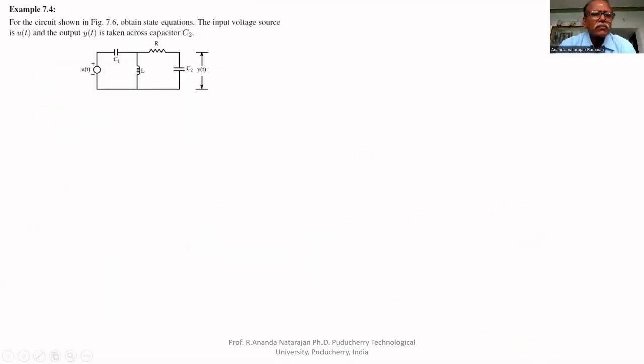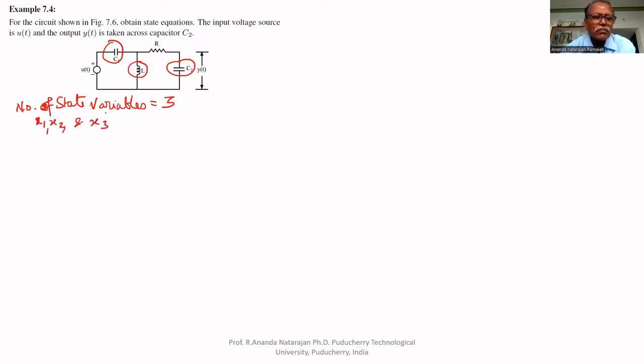For the circuit shown in the figure, obtain the state equations. The input voltage source is U of t and the output Y of t is taken across the capacitor C2. There are three energy storage elements, C1, C2, and L. That's why the number of state variables equal to 3. Let them be x1, x2, and x3.